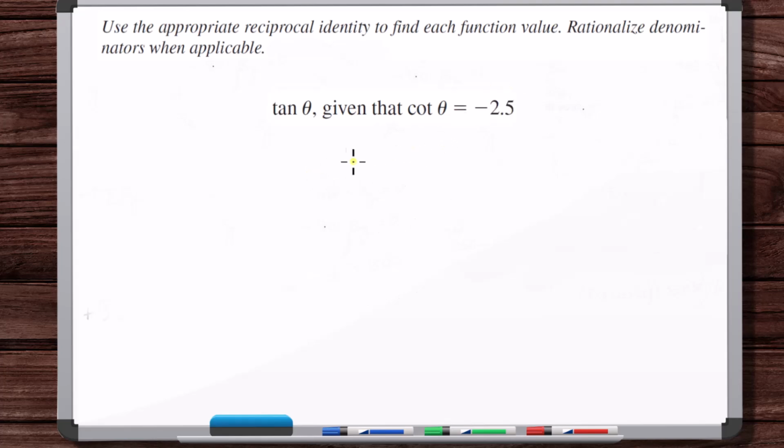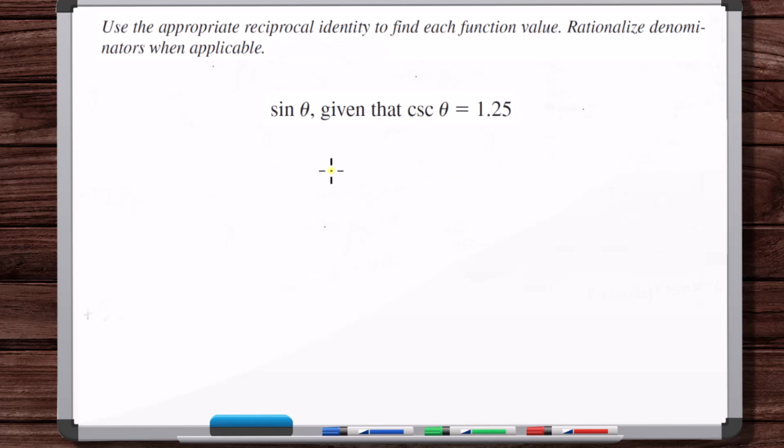Okay, if we know cotangent theta is minus 2.5, then tangent theta is going to be minus 1/2.5, but we can put this as a fraction. 2.5 is 2 1/2, so that's 5/2, so tangent theta is minus 2/5.